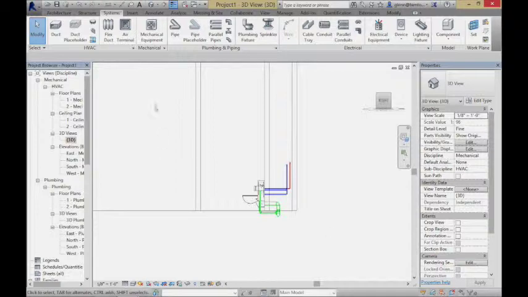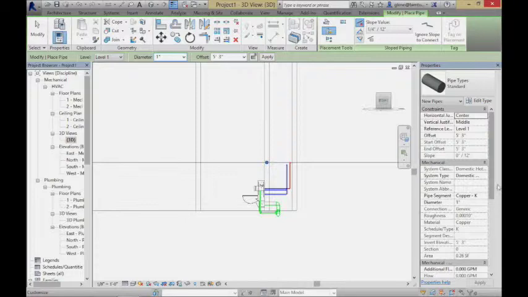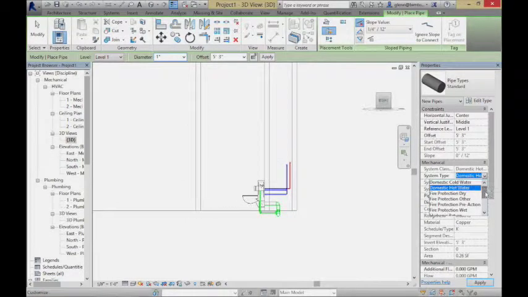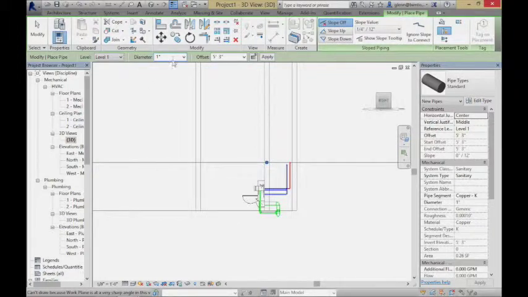But if I want to put some sort of riser in there, for example, a pipe, which is a sanitary pipe, which is 4 inches. Let's see if I can adjust this.